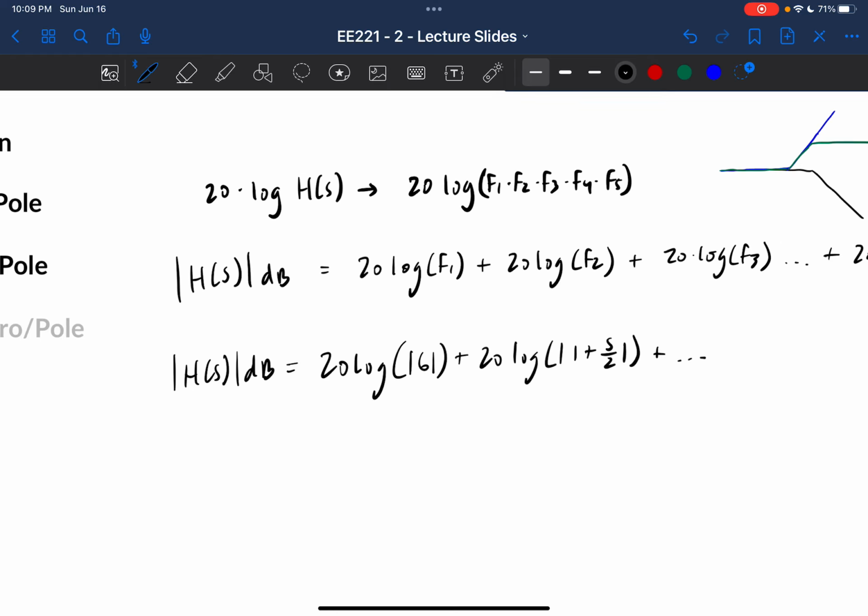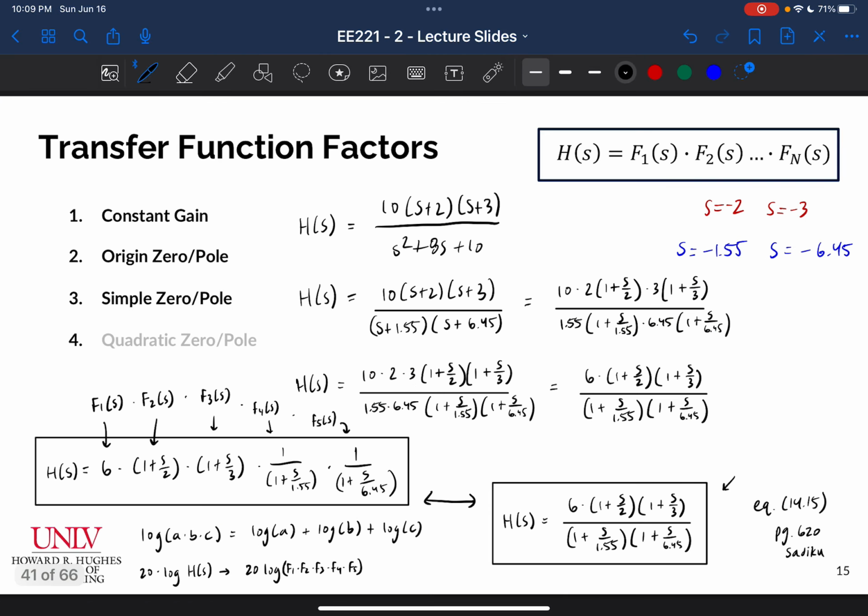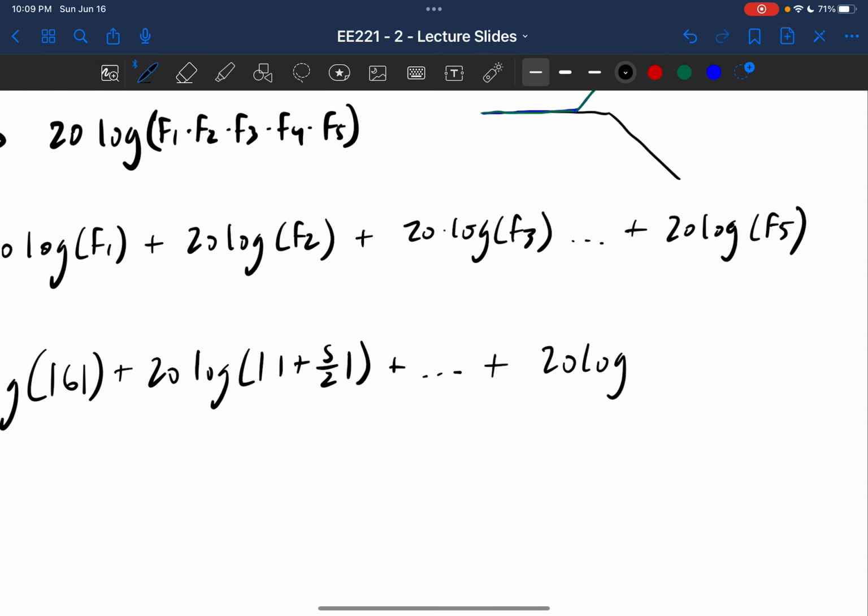We're going to get there, but I'm going to show you now that each one of these terms has a very predictable magnitude and phase, as long as we can get all of this into those terms. So let me write this last one: 20 log of the magnitude of 1 over 1 plus s over 6.45.